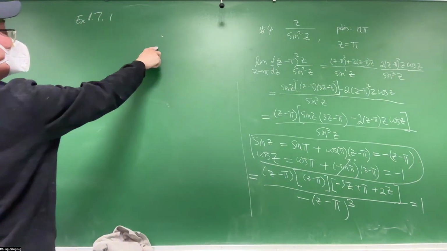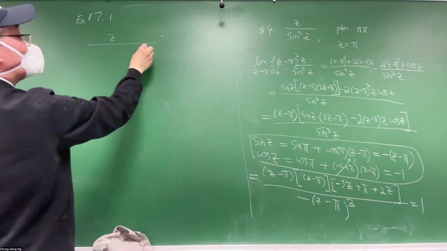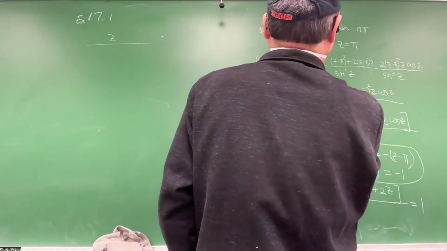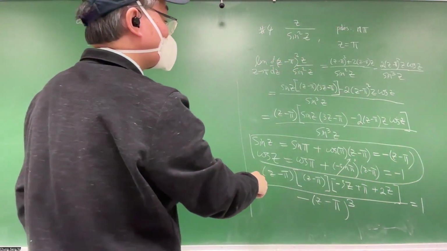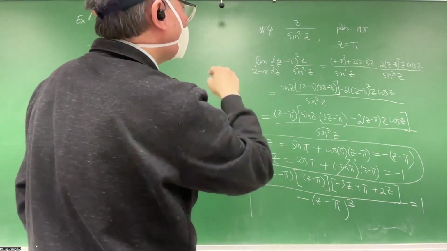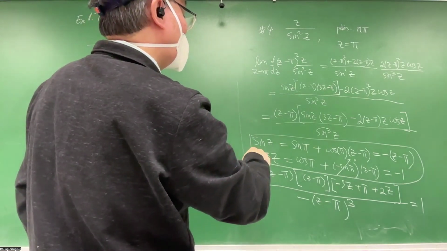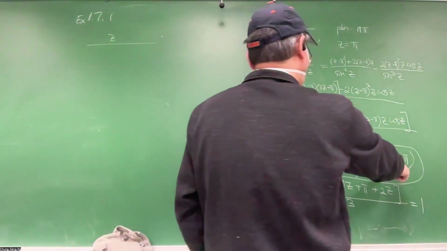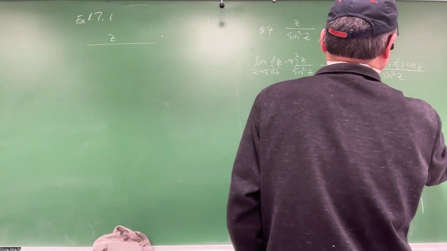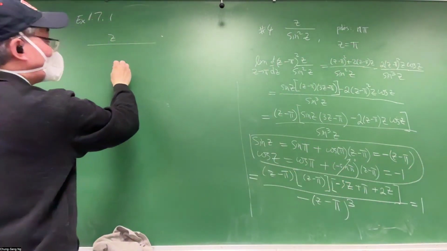So we can see this comes in, and then sine square z. You can use this one, because you need the inverse power of this, so you actually need higher order terms.